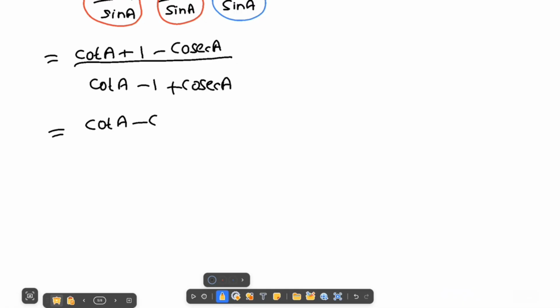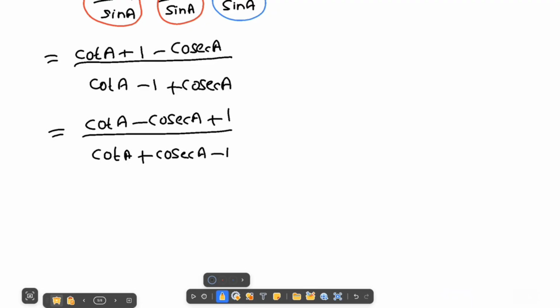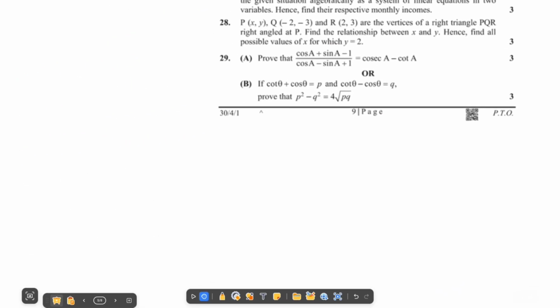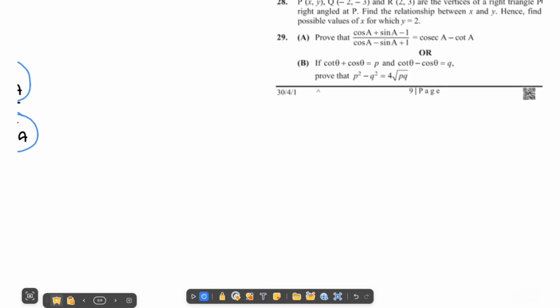Cot A minus cosec A plus 1 whole by cot A plus cosec A minus 1. In the RHS we have to prove it is equal to cosec A minus cot A. Cosec A minus cot A can be written as cosec A minus cot A by 1, that means cosec A minus cot A is the numerator.